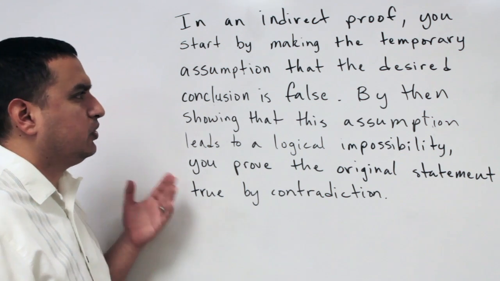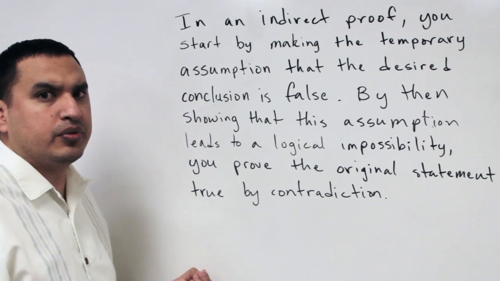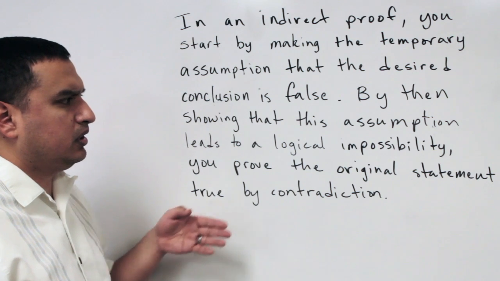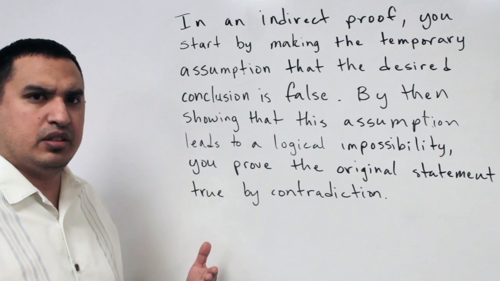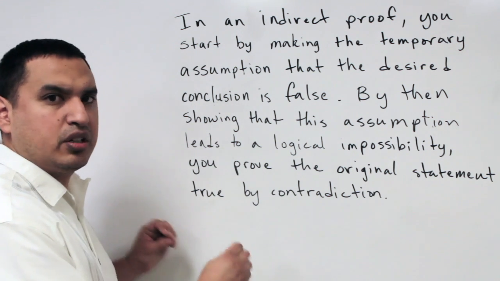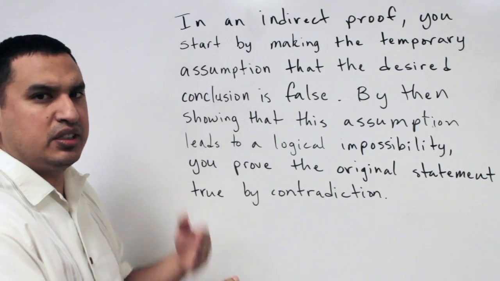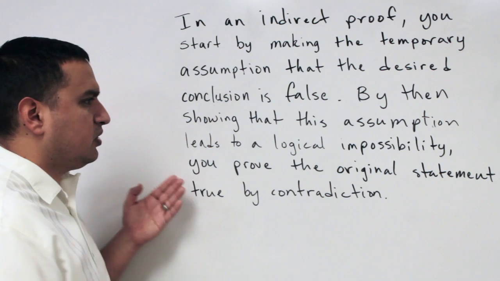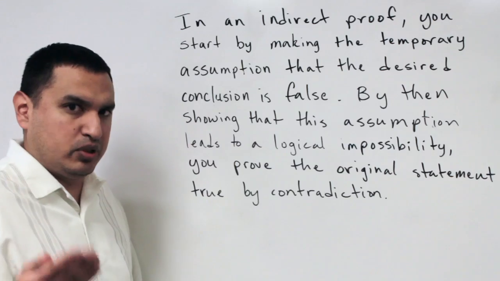You make it false, so that when you're working through the proof, you reach what's called a contradiction. So you make a statement that it can't be true. And because that contradiction occurs, that means that this assumption is false, so that the opposite of that, which is our original proof statement, has to be true. Let me show you what that means.